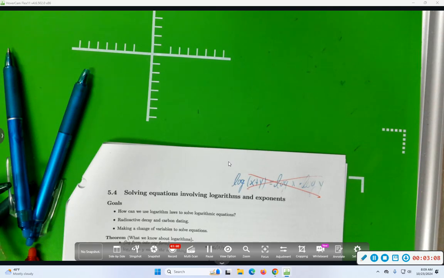Change of base formula. You have a base in a log that you don't like. How can you rewrite that logarithm with respect to a base that you do like? Log b of x divided by log b of a. Nice.